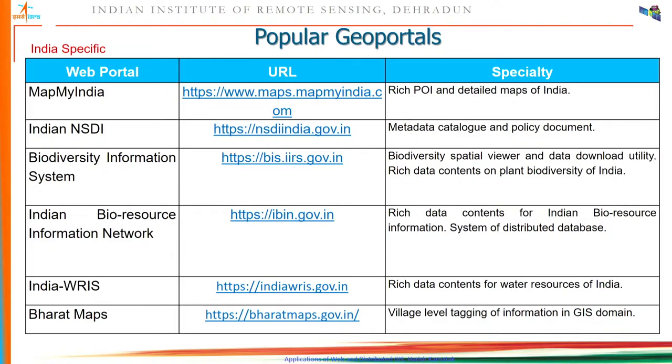MapMyIndia is another commercial company, and they are also very popular in India as far as map data is concerned. They have very rich points of interest and detailed maps of India. In this website, you can access their data and information service as API. Again, here the physical data downloads are not permitted, but you can access their website as an application programming interface.